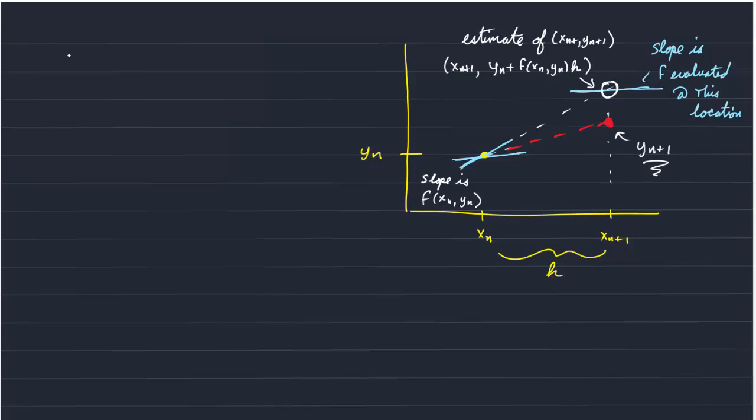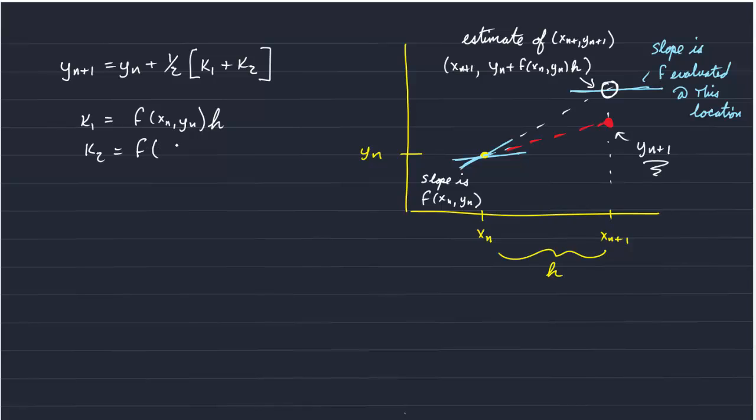And so we could write this out very simply as y sub n plus 1 is equal to y sub n plus the average of two slopes, so that's why we're multiplying by half, and we'll write that as k1 plus k2, where k1 is equal to the slope at our start point times our step size, and k2 is equal to the slope at point x n plus 1, comma, y n plus k1.